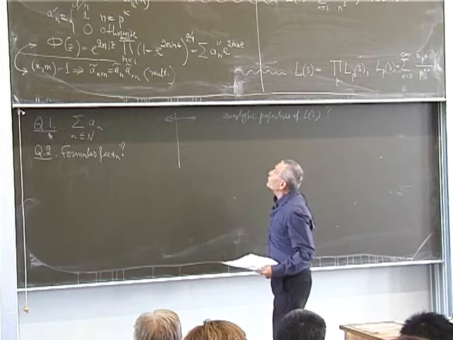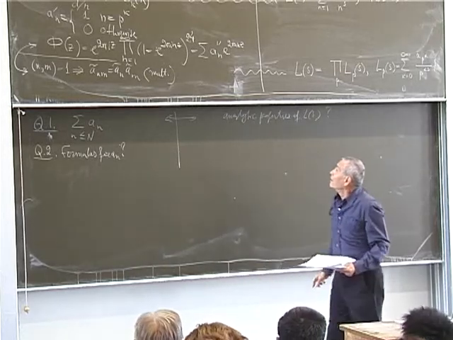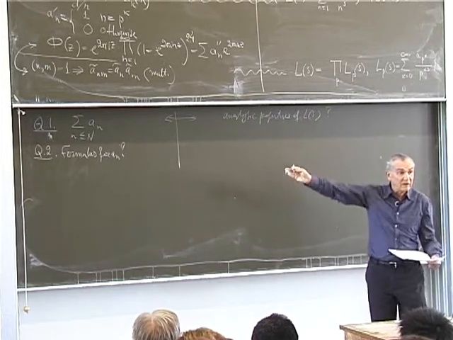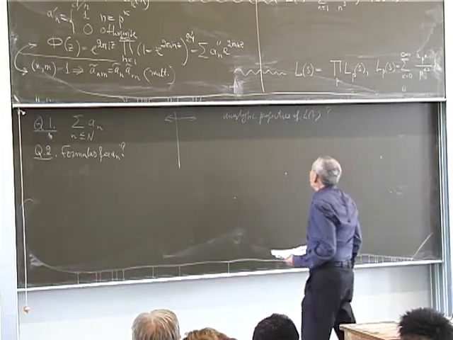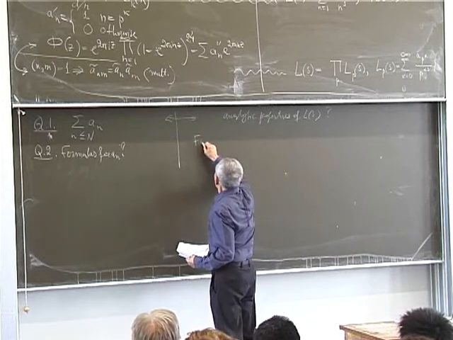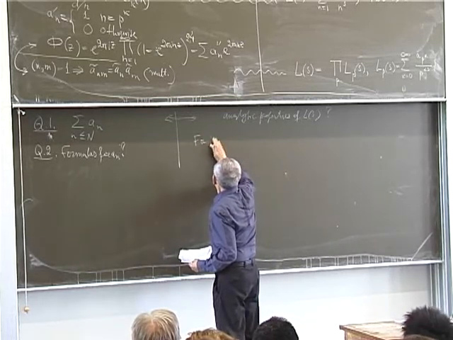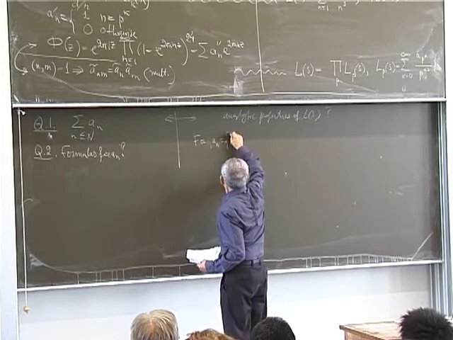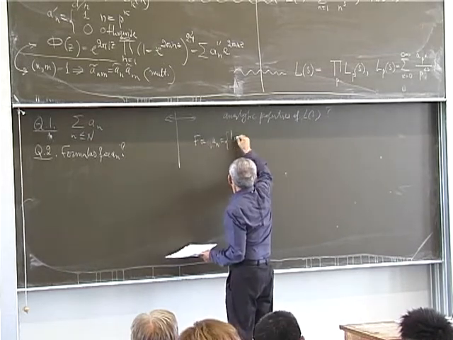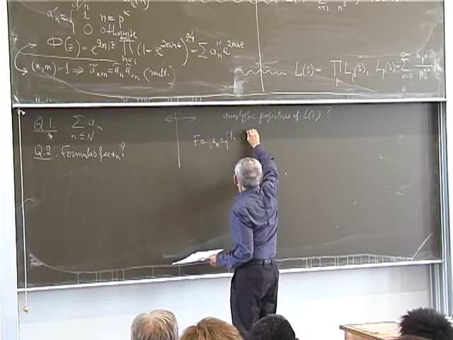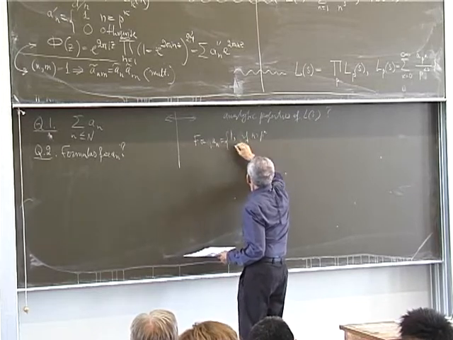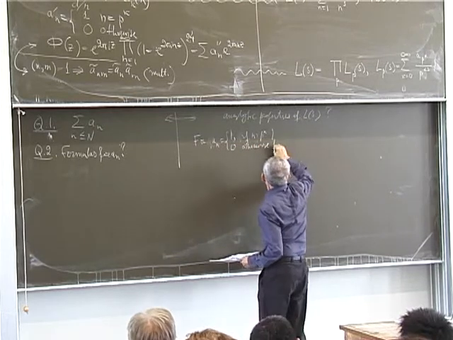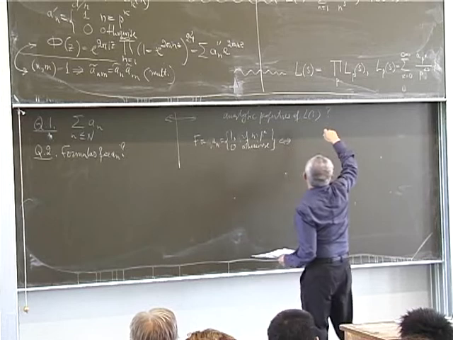For example, if you want to count the number of primes or powers of primes not exceeding a given bound, then the classical strategy is this.